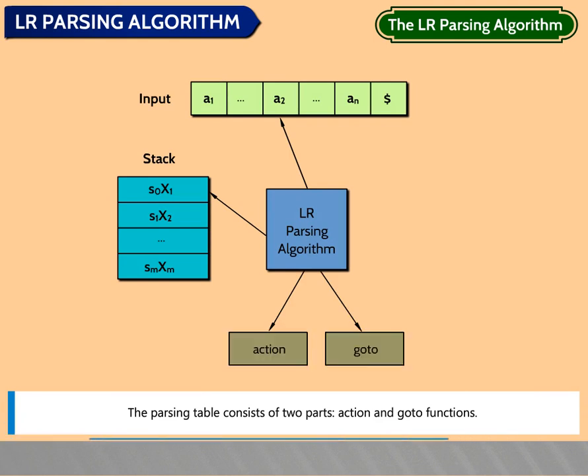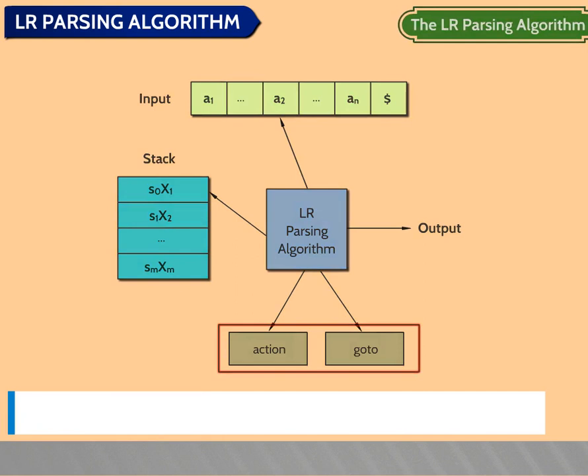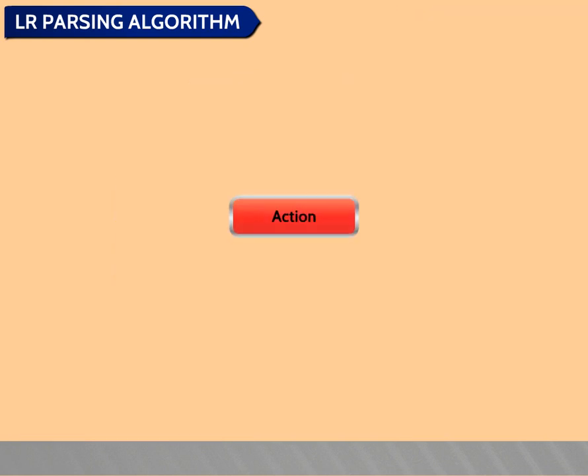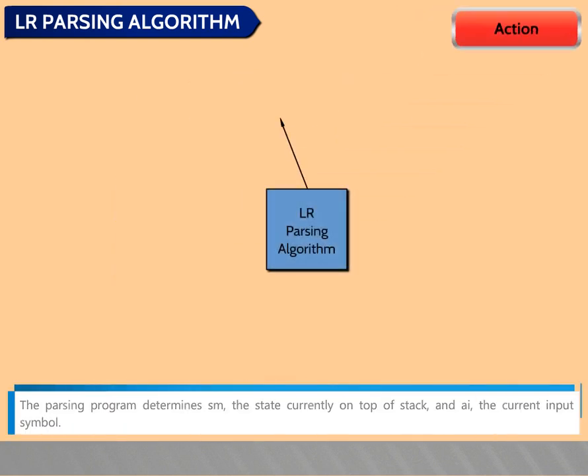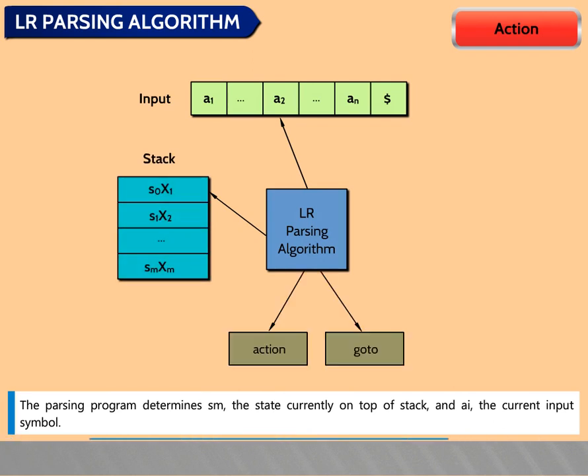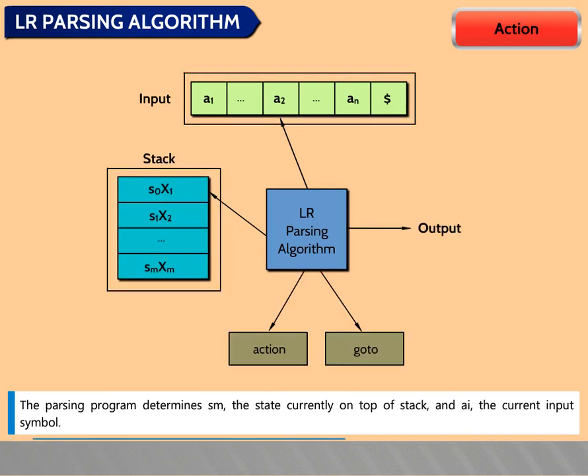The parsing table consists of two parts, action and goto function. Action. The parsing program determines Sm, the state currently on top of the stack, and ai, the current input symbol.